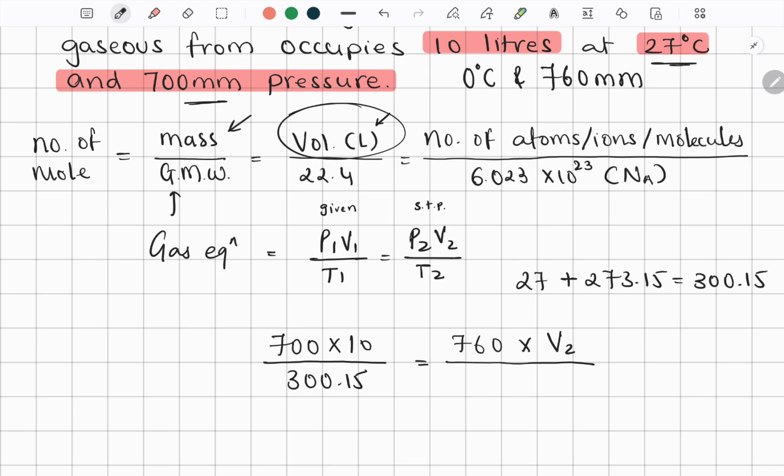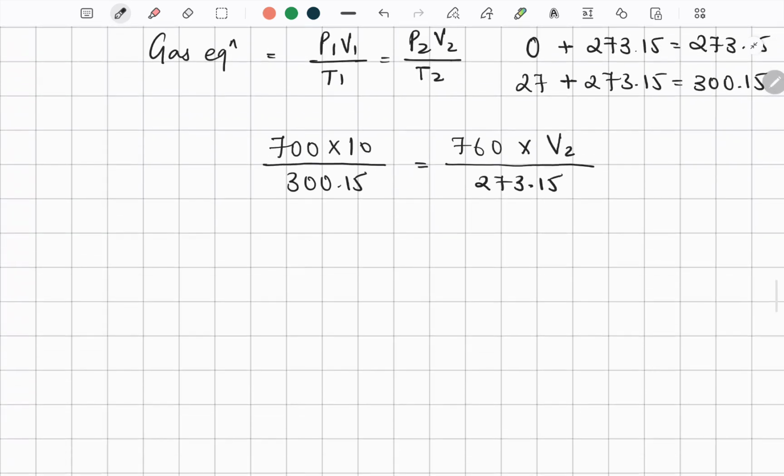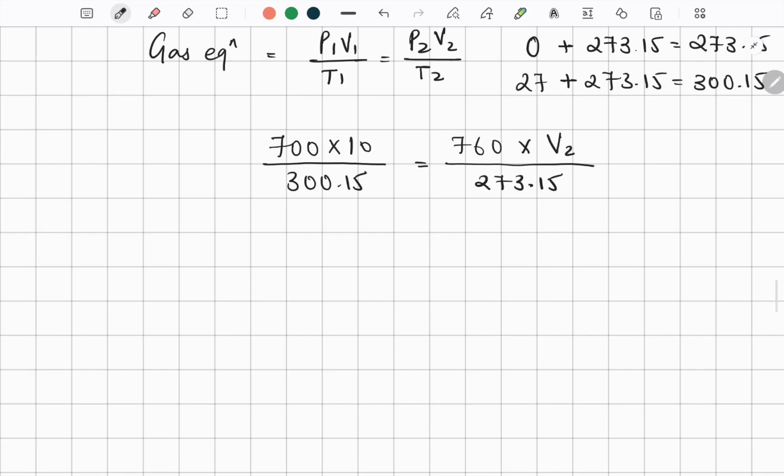Is the temperature at STP known? Yes, 0 degree Celsius, but as we cannot use it, we convert it into Kelvin by adding 273.15, which gives 273.15. So in the denominator it will be 273.15. Let's keep all the numbers on the right hand side and V2 on the left hand side.